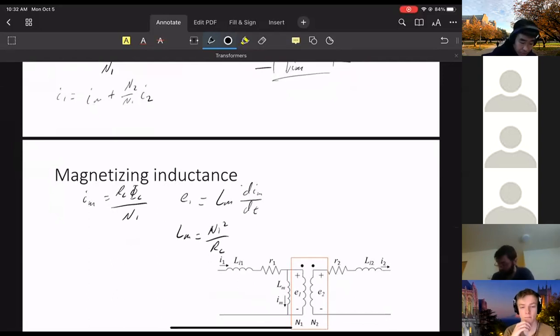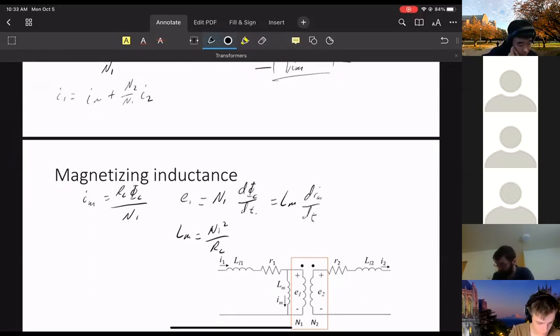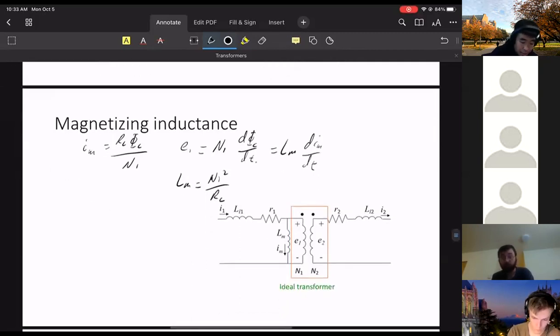Let's write one more step out. This is N1 d phi c/dt, which is equal to Lm dIm/dt. You substitute the equation for phi c into this voltage equation, and we basically have a magnetizing inductance sitting inside the circuit.